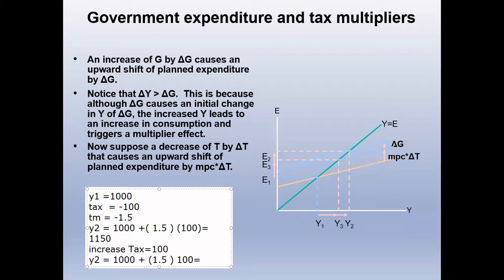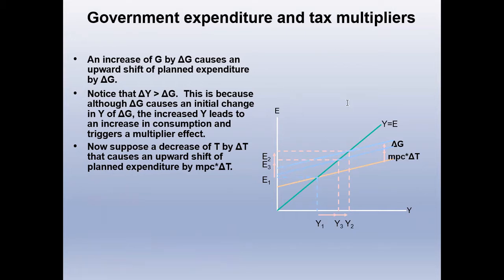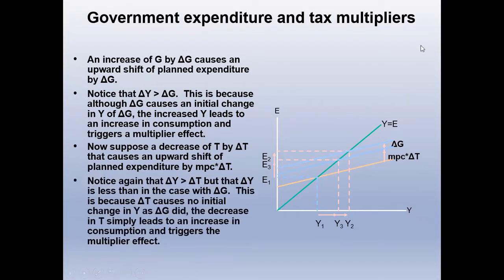Then you will find it will decrease by 150, so it will be 850. So the positive effect is due to the decrease of taxes. I will have a negative effect if there is an increase in taxes because my consumption is going to decline. This is the impact of the taxes. The impact of taxes will shift upward if there is a decrease in taxes, and this will lead to a higher and higher level of output and so on.